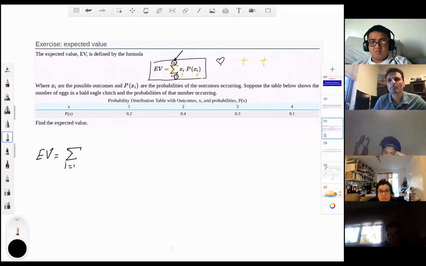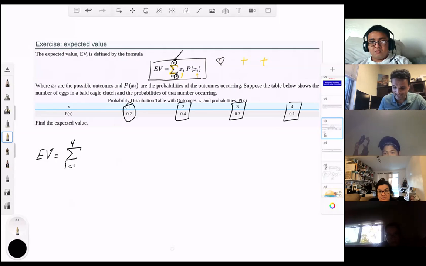What is that? Was it 4? Very good. i starts at 1, the 1 term, 2 terms, 3 terms, 4 terms. So stop at 4. Good. So that's great. So we get rid of n. Now we have x of i multiplied by p of x i.